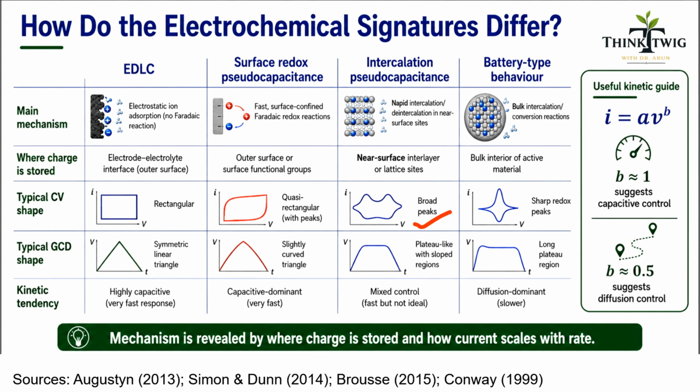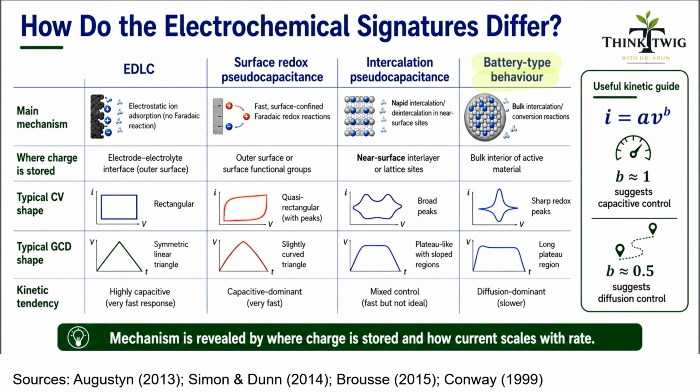The CV can show broader peaks, and the behavior contains both capacitive and diffusion-related contributions. Finally, the strong battery-type storage. Here, the charge storage process extends much more strongly into the bulk. So sharp redox peaks and longer plateau regions become more characteristic, and diffusion control becomes more important. So the shapes are giving us the clues.